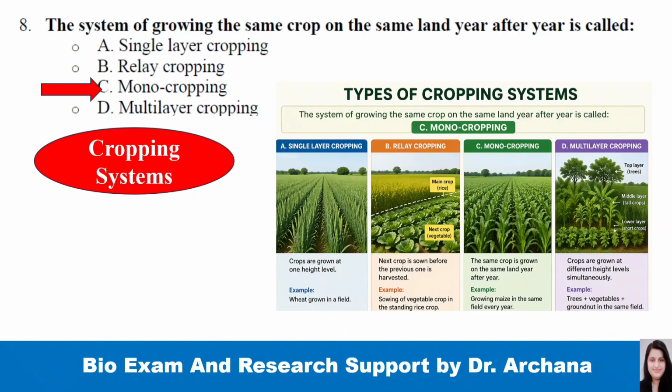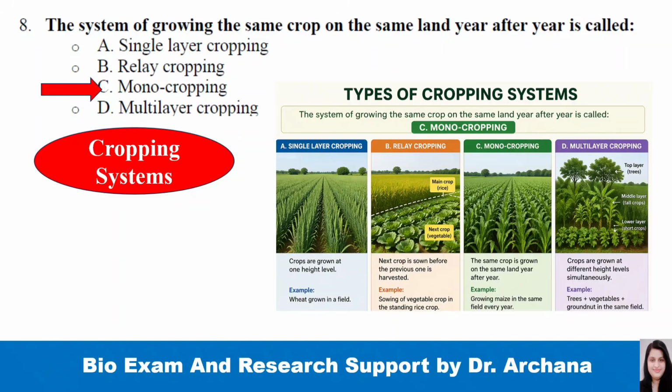Now the system of growing the same crop on the same land year after year is called monocropping. So there are four different types of cropping. I have given the picture over here. You can easily remember these: what is single layer cropping, what is relay cropping, what is monocropping, and what is multi-layer cropping.